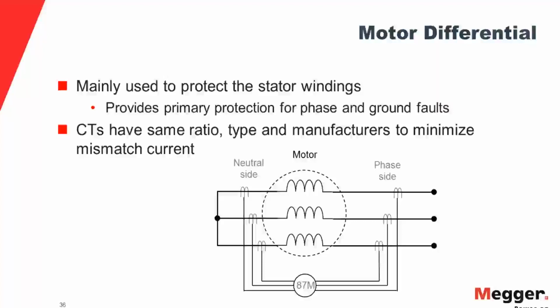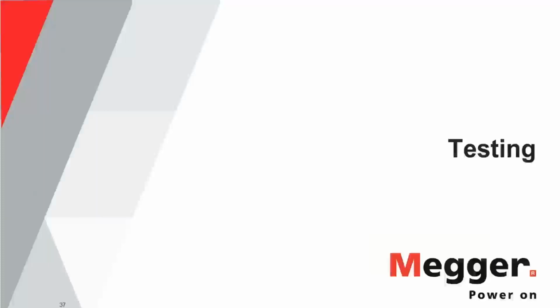Finally, I want to talk about motor differential, but motor differential is pretty much similar to the generator differential that we discussed earlier. In this case, the differential function protects the windings of the motor, typically the stator windings of the motor, and it provides phase and ground fault protection.